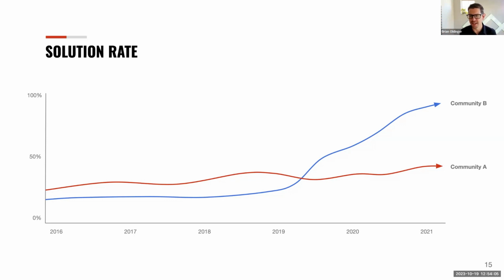So this is another great example of what questions we would ask to interpret this data. Starting with community A, we might say, it's interesting that it's been very level, very consistent for a very long period of time, right? So that could mean that they're a very mature community. Most of the common knowledge is already handled, right?